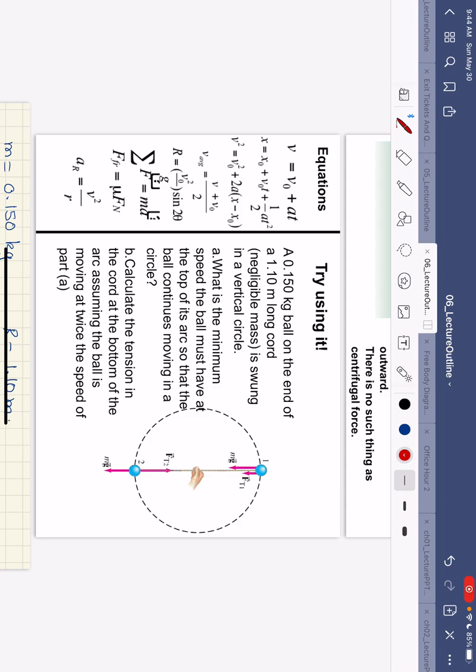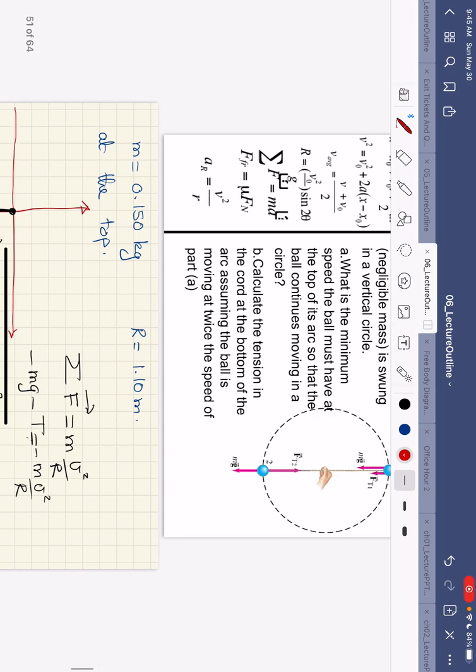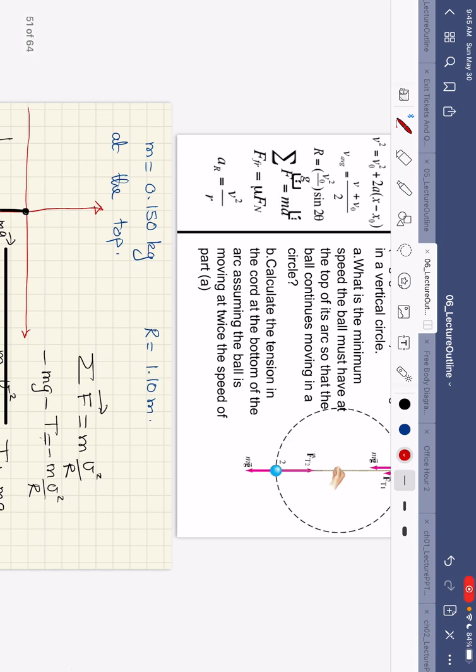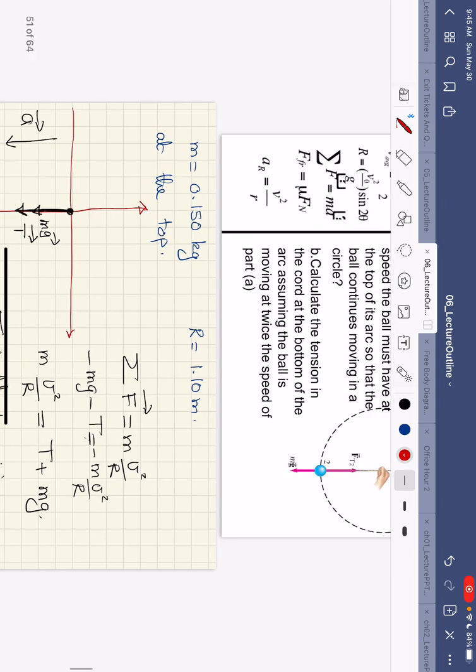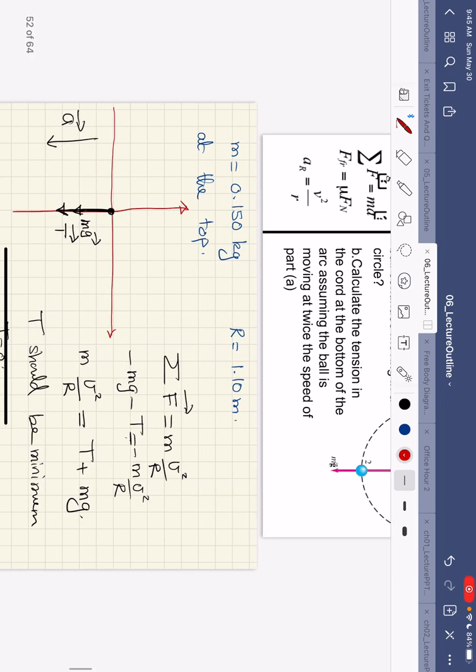The first part, what is the minimum speed the ball must have at the top of its arc so that the ball continues moving in a circle? And the second part, calculate the tension in the cord at the bottom of the arc, assuming the ball is moving at twice the speed of this part.